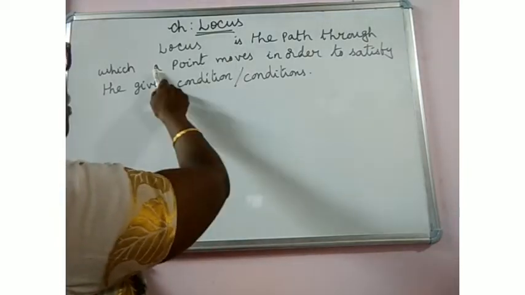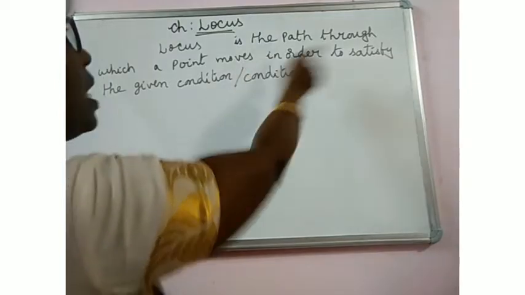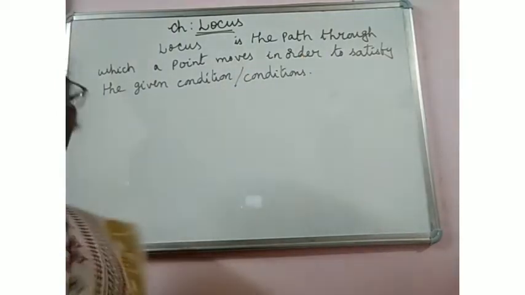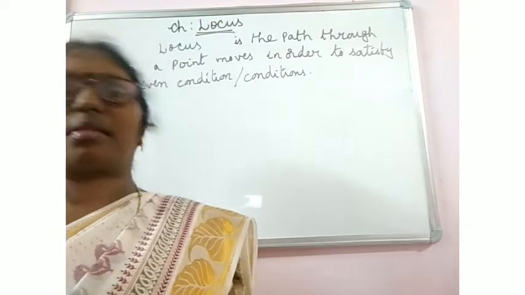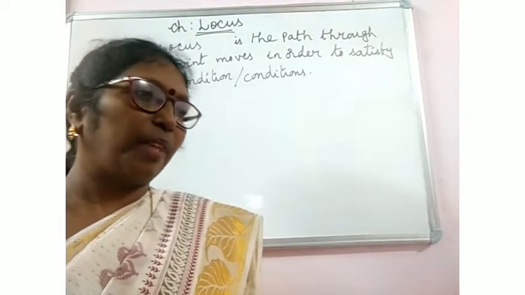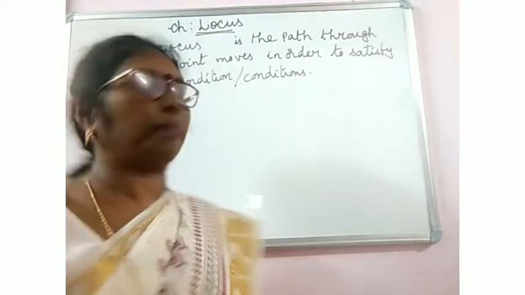Here I have not written the point. Here I wrote locus, the path through which a point moves in order to satisfy the given condition or conditions. If I say this, you won't understand anything. Let me explain this with some examples.